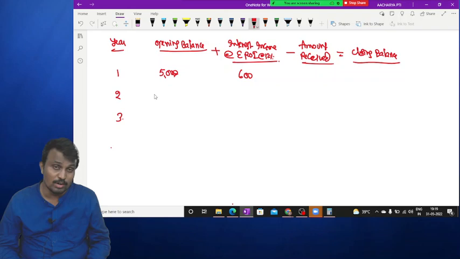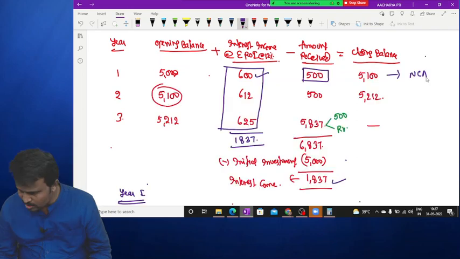In the first year, we show this 5,100 as a non-current asset, because this amount is going to be received after 1 year, not within 1 year. At the end of the first year, we have to show this 5,100 in the balance sheet, but this amount is not recovered within 1 year, nor at the end of the second year. It will be recovered at the end of the third year only. That is more than 1 year. So that's why we classify it as a non-current asset.